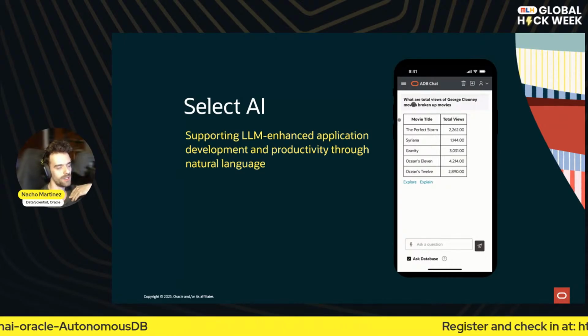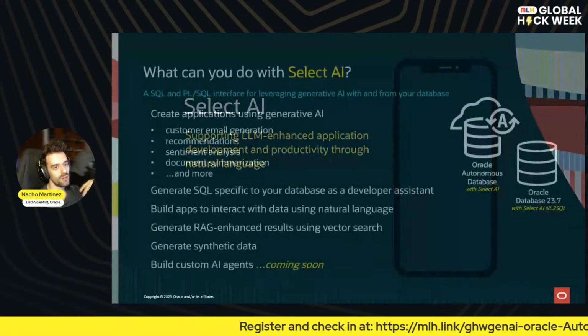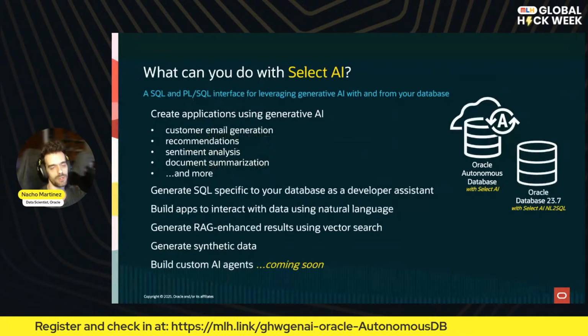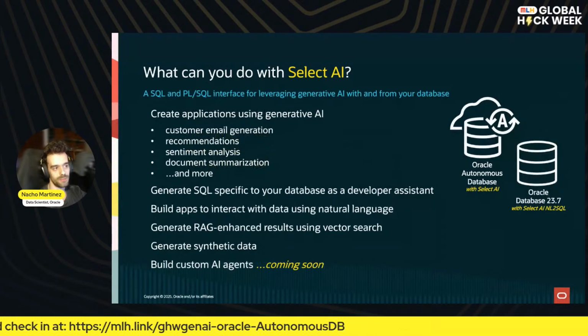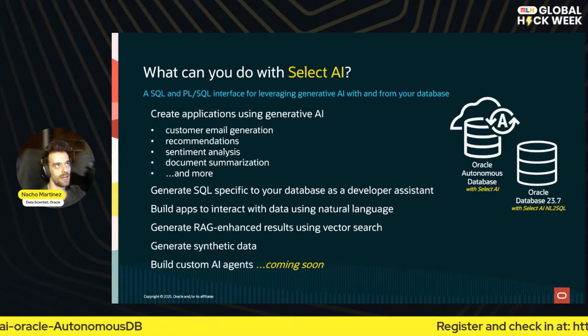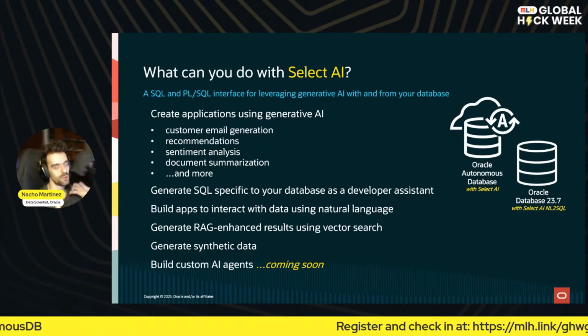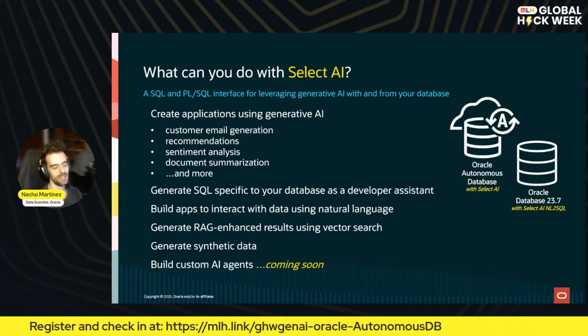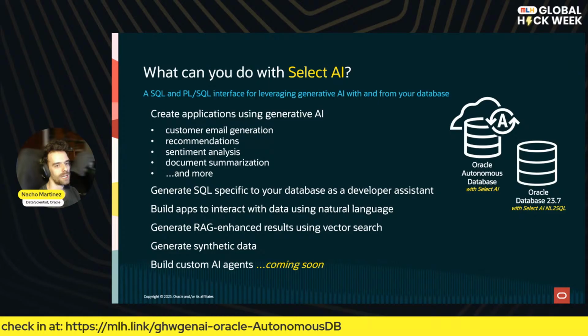So for people like me, using Select AI is a big advantage because I can talk with the database in natural language, just like I would talk with a large language model or an AI, and I will get the response. This natural language query that I make is going to be translated into Oracle SQL, and then it will do the queries.